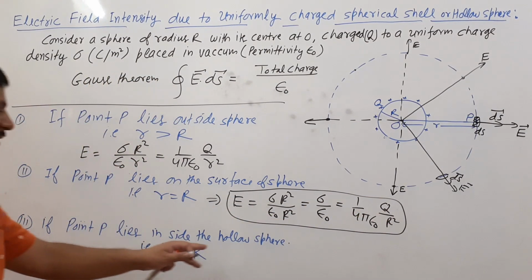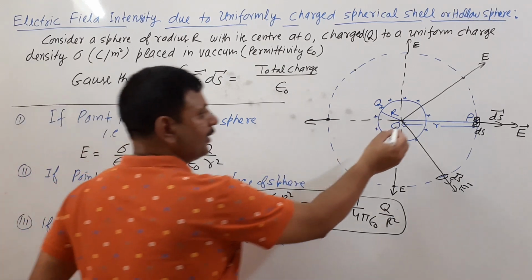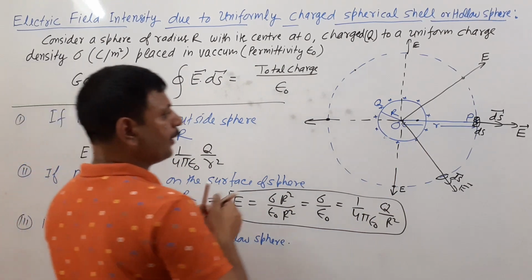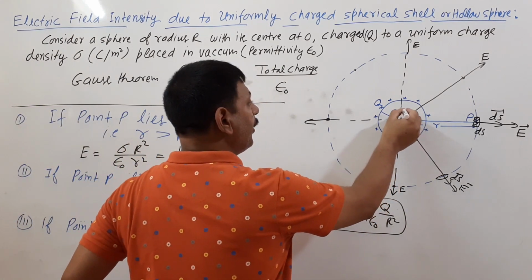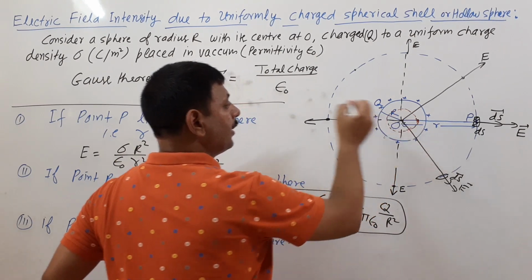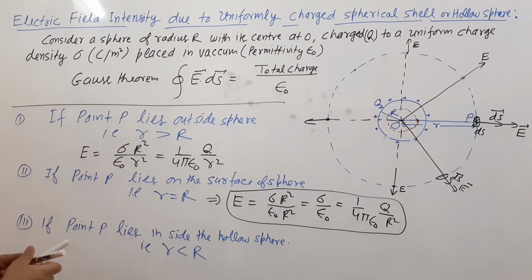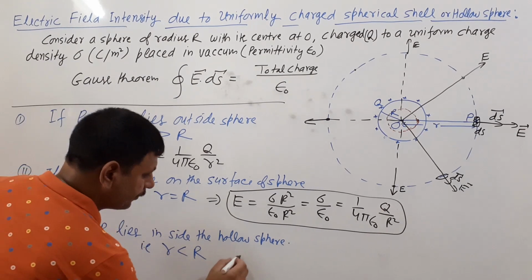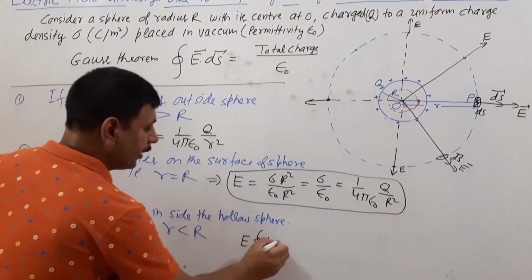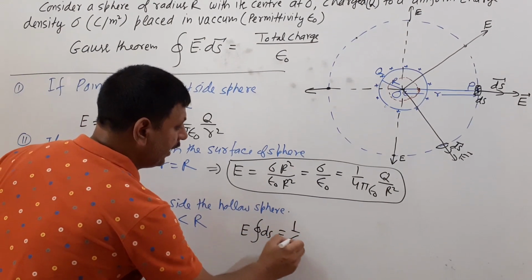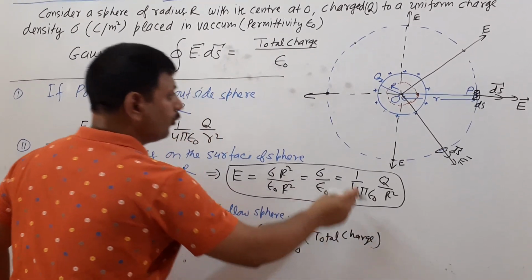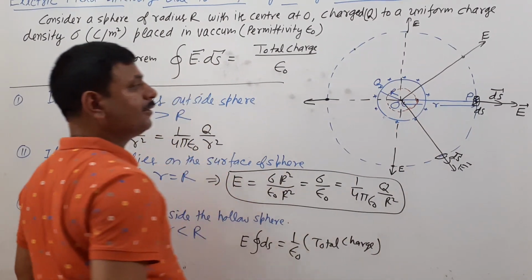Suppose point P lies inside the hollow sphere. Then what happens? If we draw this Gaussian surface, E dot ds is equal to 1 upon epsilon naught times the total charge inside this Gaussian surface.